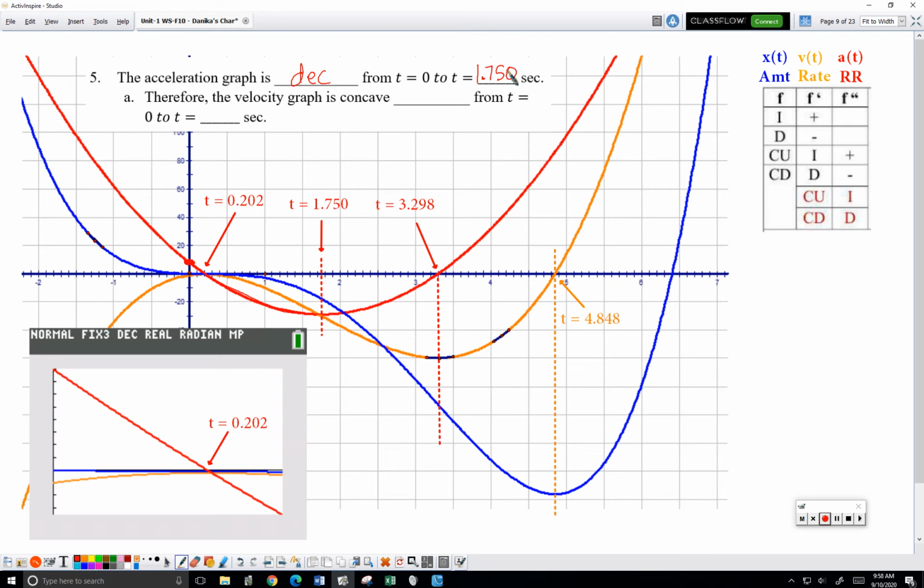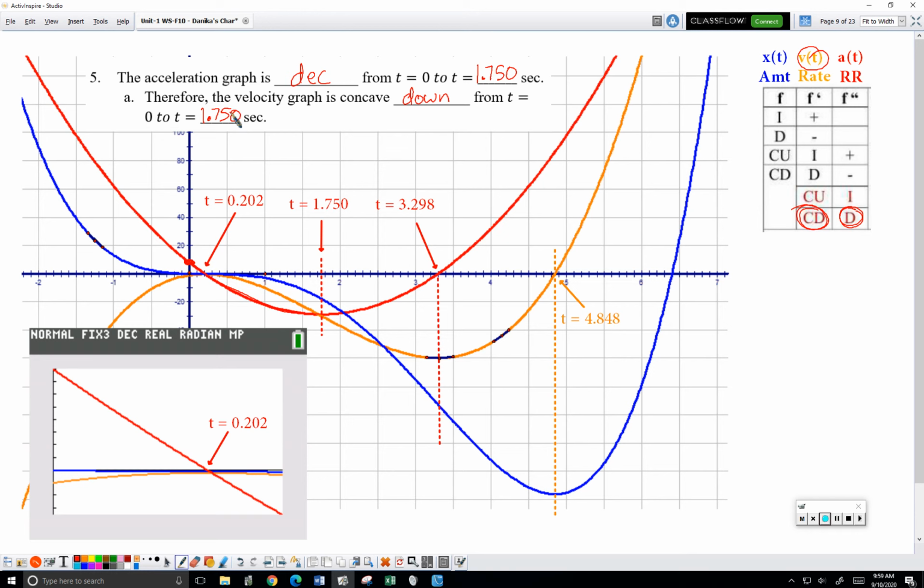When acceleration is decreasing, the velocity graph must be concave down for that same time period. And I believe you discussed concavity in a previous class. So here's a common misconception.